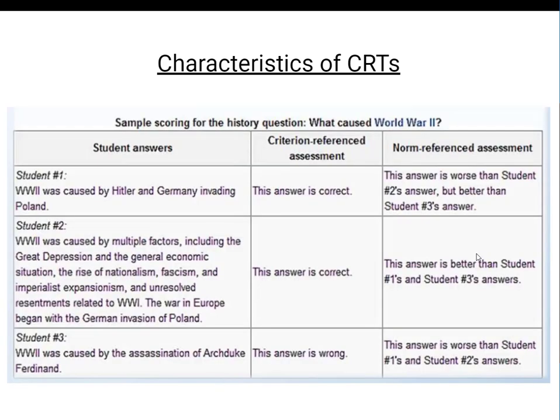When you're comparing criterion-referenced tests to norm-referenced tests, you might think of criterion-referenced tests as just looking to see: did this person get the answer correct or incorrect? Versus a norm-referenced test, where they are actually ranking the students based on how well they performed on that exam. In this case, the first student answered that World War II was caused by Hitler and Germany invading Poland.